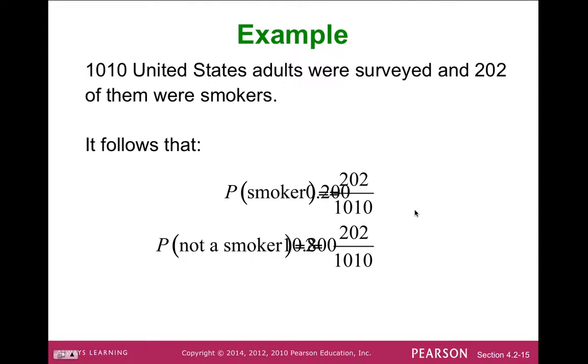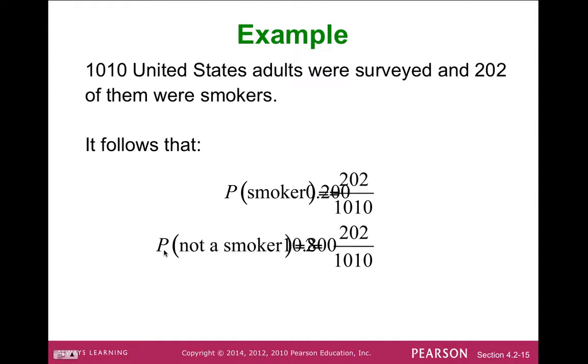So here's an example. 1,010 United States adults were surveyed, and 202 of them were smokers. So if we go back to our probability equation, we're going to find that the probability of being a smoker, if we take our 202 people that were smokers and divide that by the total number of people that were surveyed, is 0.2, or 20% if you were to multiply that answer by 100.